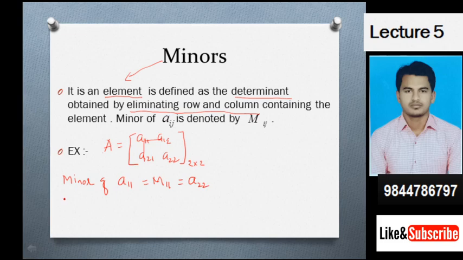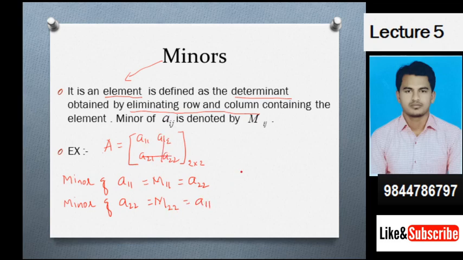One more example: what is the minor of A22? The minor of A22 can be written as capital M22. It means eliminating the second row and second column. The resultant is A11.